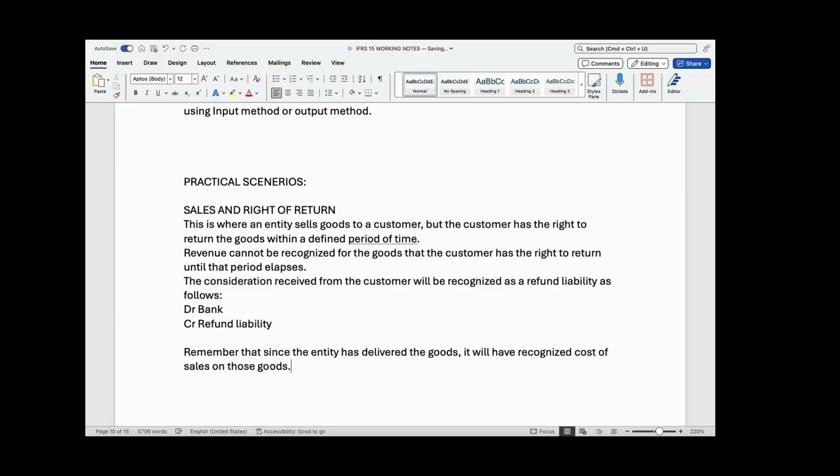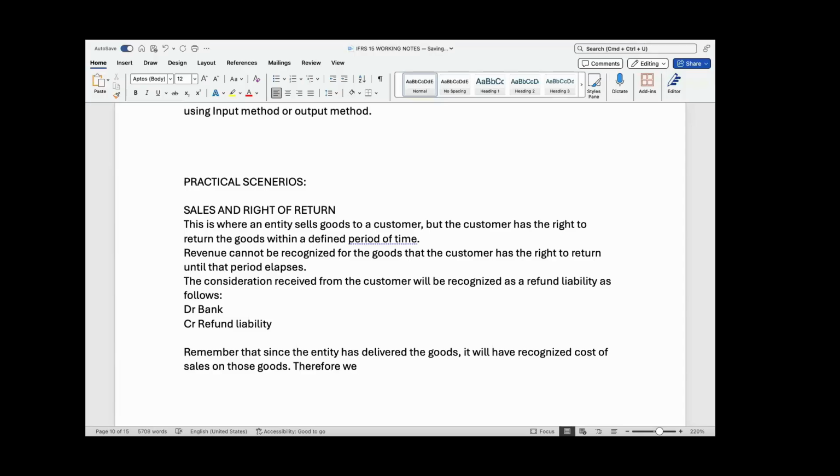Because we will have recognized it as part of our goods purchased. It will be there as cost of sales. But because we cannot recognize revenue, IFRS 15 says that we have not actually transferred control because this customer can return it. Then, therefore, we will need to remove it in cost of sales also.